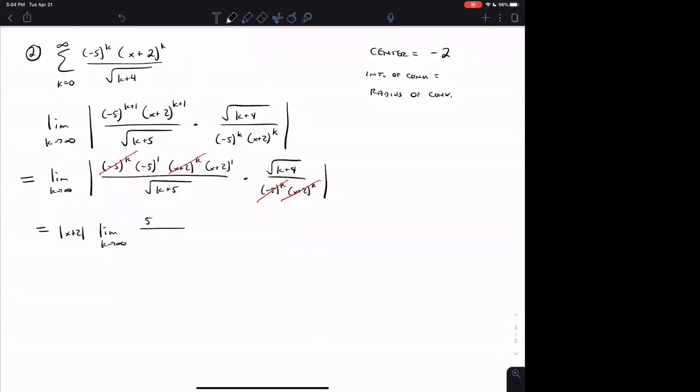You should do that. And then the square root of k plus 4 and the square root of k plus 5 have to stay in the limit, but they can come out of the absolute value because they're positive. So you can either have what I have, or you could pull the 5 out with the absolute value and just have the 2 square roots inside the limit. Any questions on how to get to there?